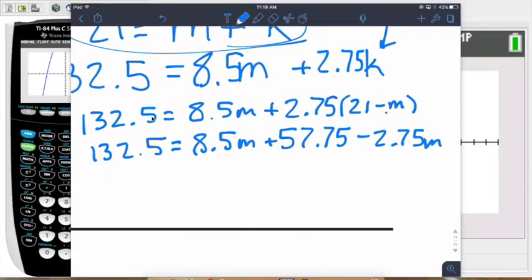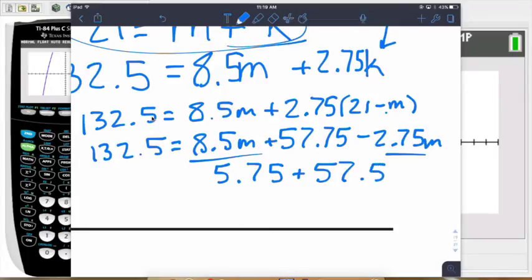So what do we got? Combine like terms. So we'll go 8.50 minus 2.75. And that gives you 5.75m plus 57.75. And then 132.5. So then we will subtract.